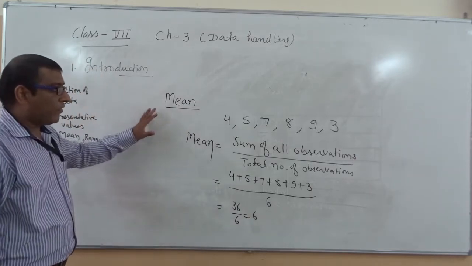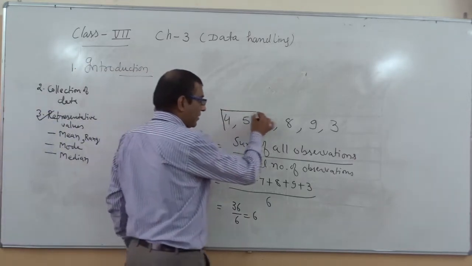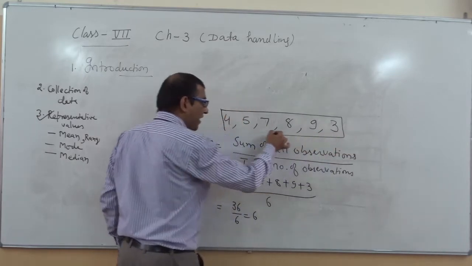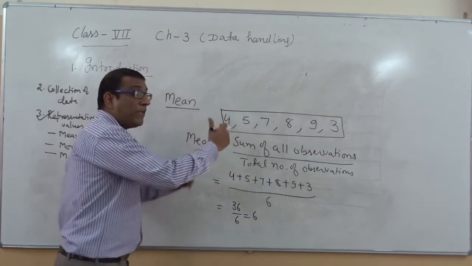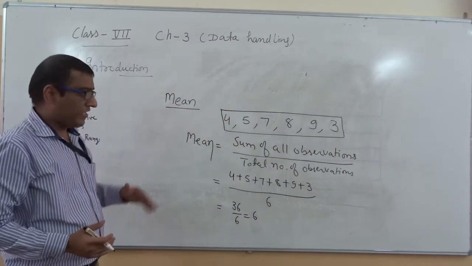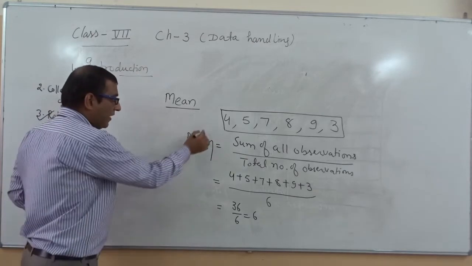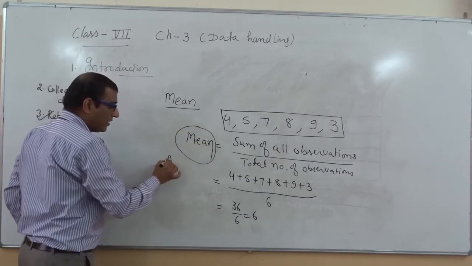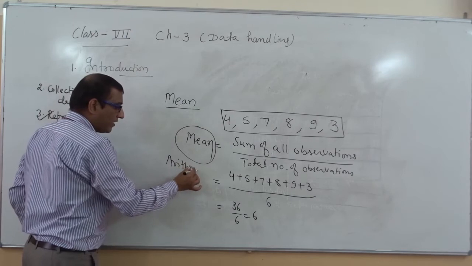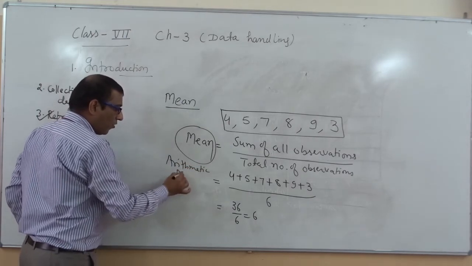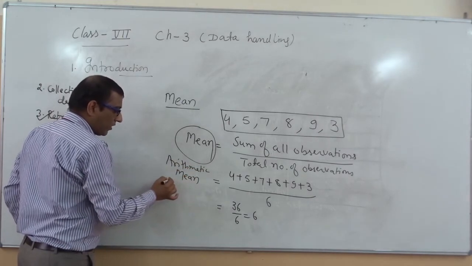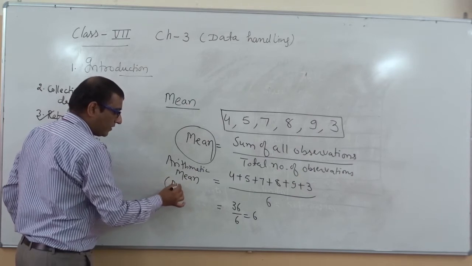It means we can say in a class test the mean of the students' marks is 6, and this mean is also known as arithmetic mean, or we can say it is also related with average.